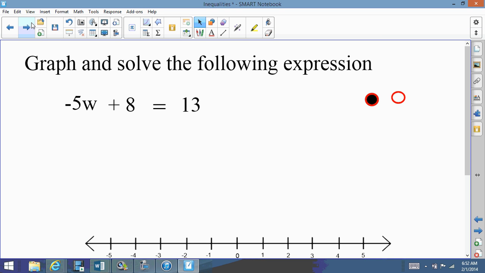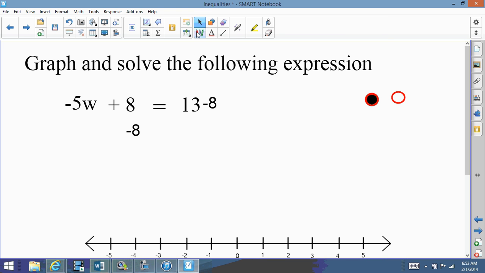But I want to take it to the next level. I want you to notice the variable and the coefficient: negative 5w plus 8 equals 13. So when we solve this equation, we subtract 8 from both sides.